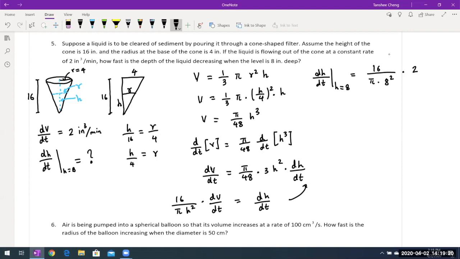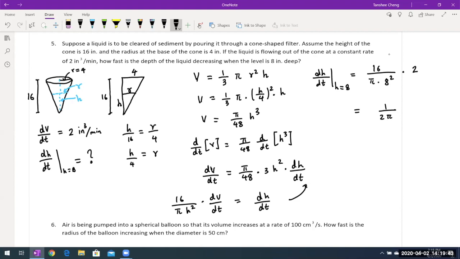When I compute this, 8 times 8 is 64. So 16 goes into 64 four times, and then reduce it with 2. That will give you 1 over 2 pi. Are we all okay with this?